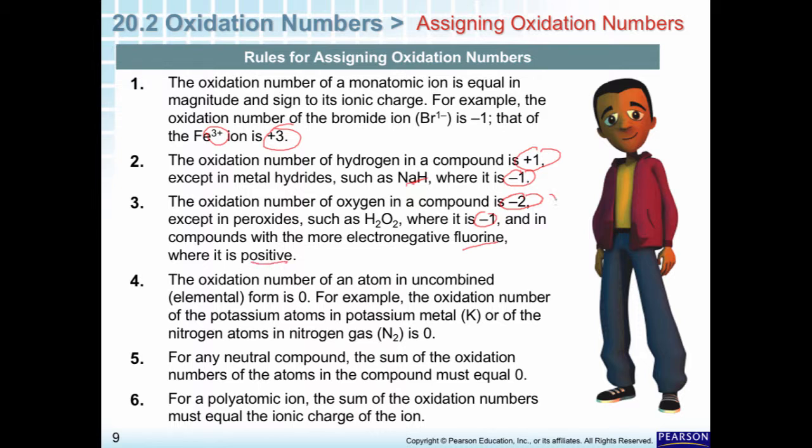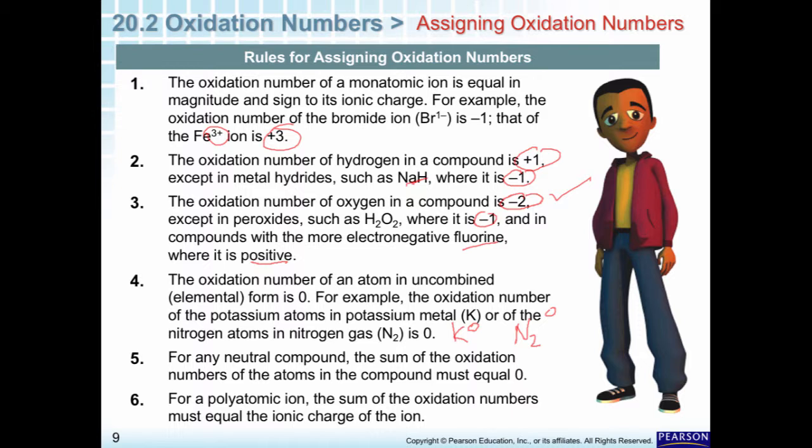So for the most part, it's always -2, except for these 2 exceptions. If you have an elemental form, you will have an oxidation number of 0. So for instance, if I was writing K in an equation, that's why sometimes you see me do that. Or with N2 or the diatomics, I can do the same thing. It's saying that it's the neutral elemental form.